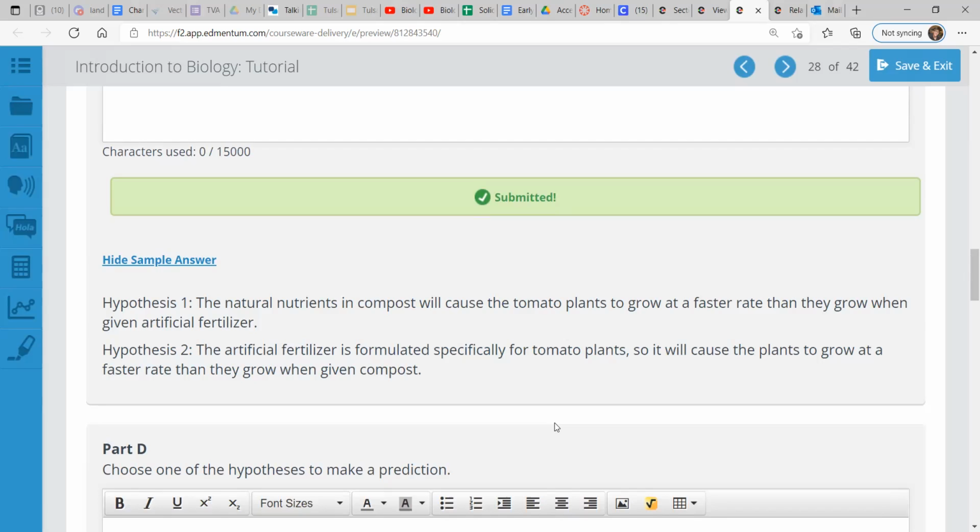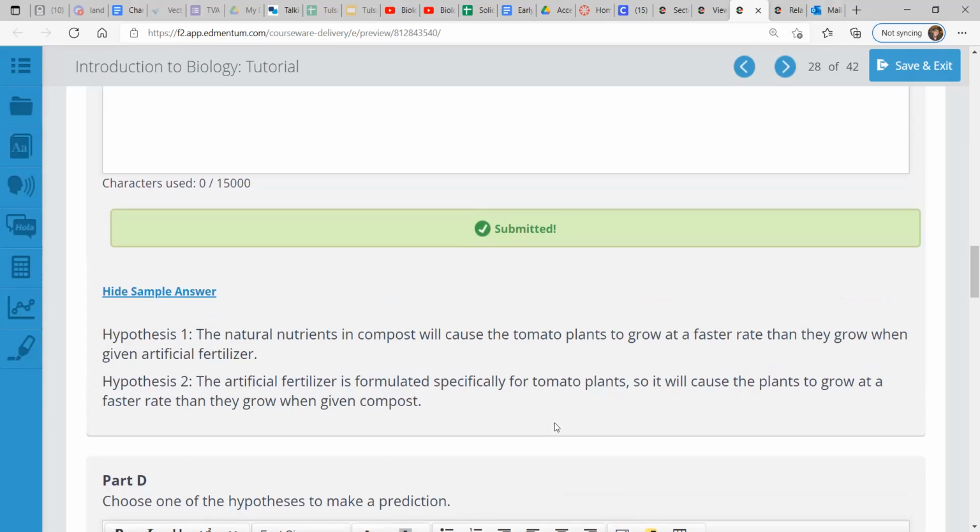Two: the artificial fertilizer is formulated specifically for tomato plants, so it will cause the plants to grow at a faster rate than they grow when given compost. So these are testable. You can verify their validity, right?